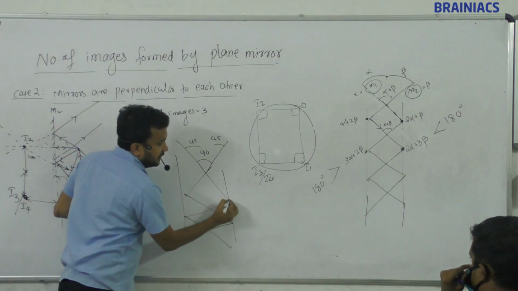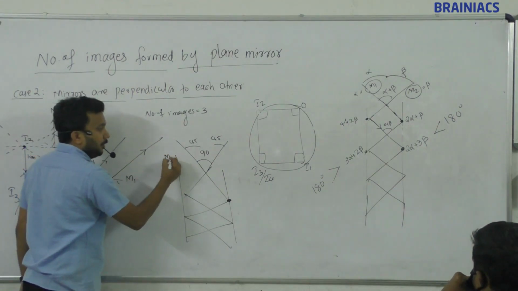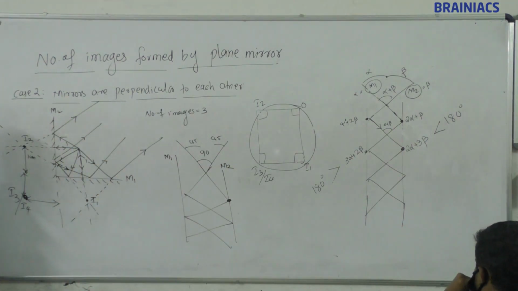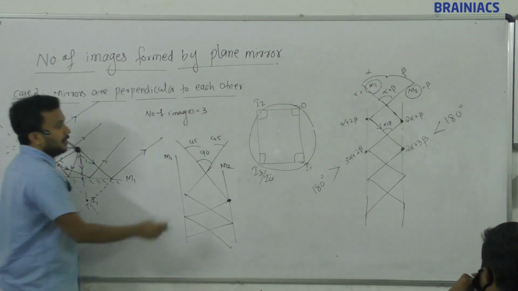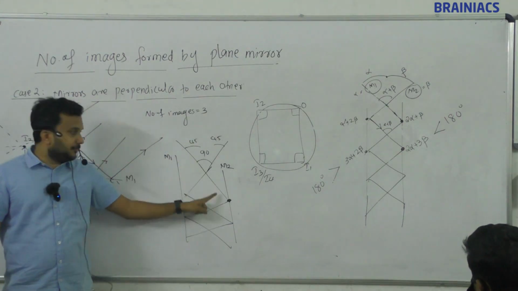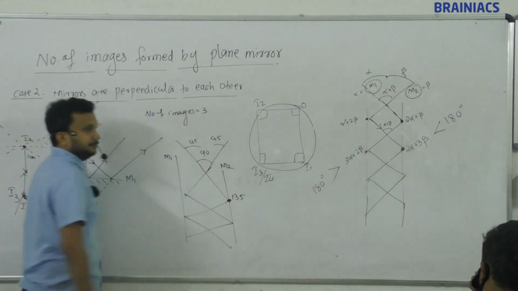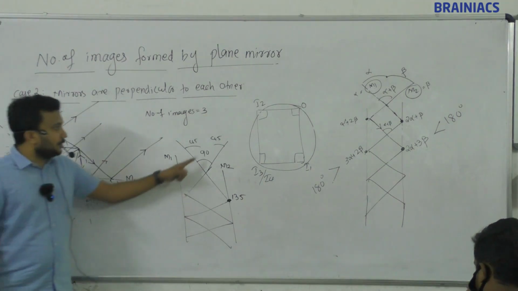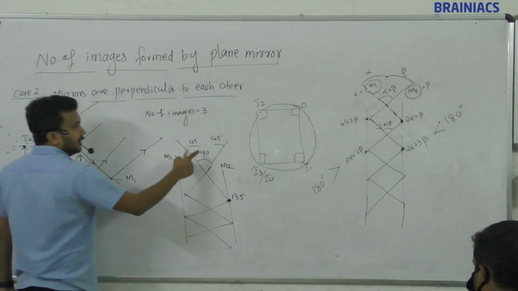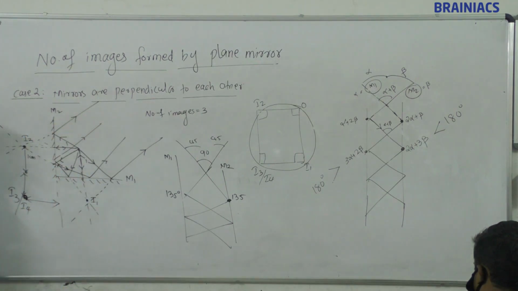So what is the value of this image? You can consider this as the M1 mirror, and this as the M2 mirror. These are the two rays. So what will this angle be? This is called the alpha line, 45 degrees. 45 plus 90, how much will come? 135. So here also how much will come? 45 plus 90, 135 degrees.